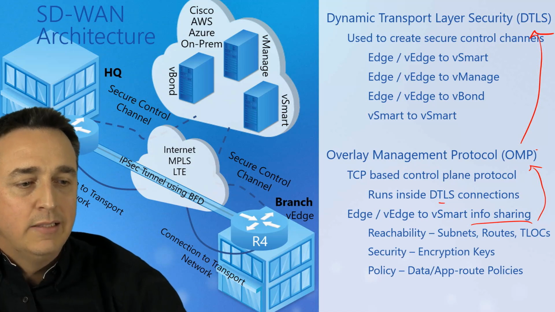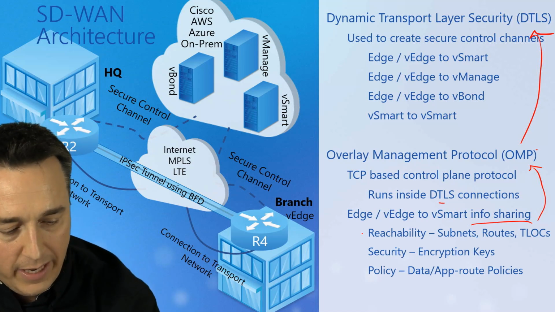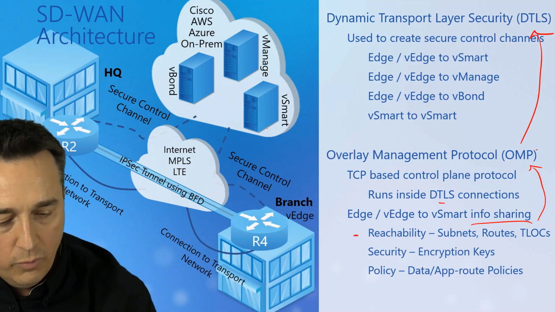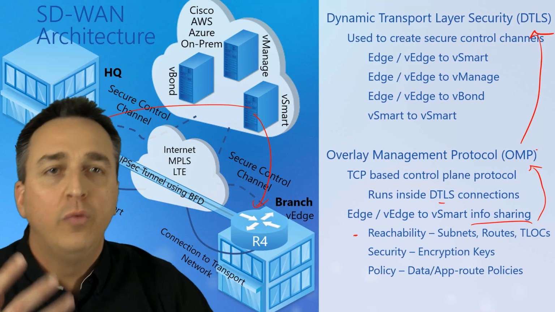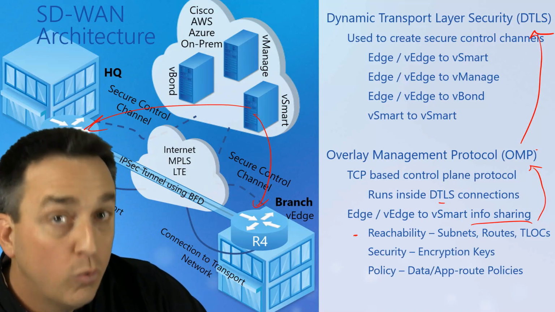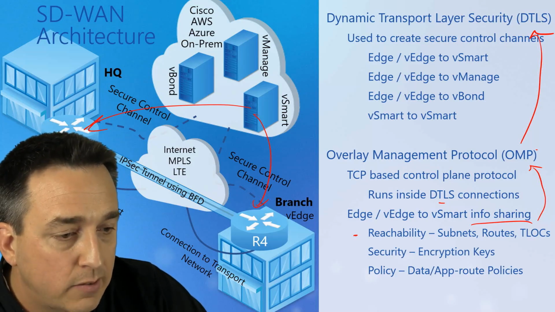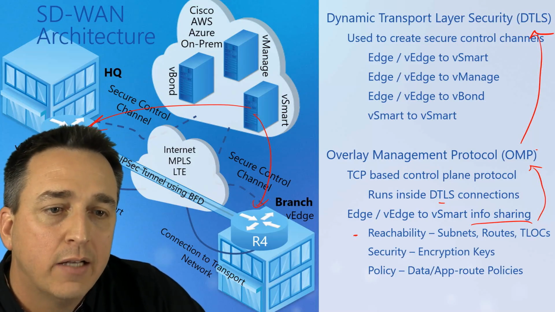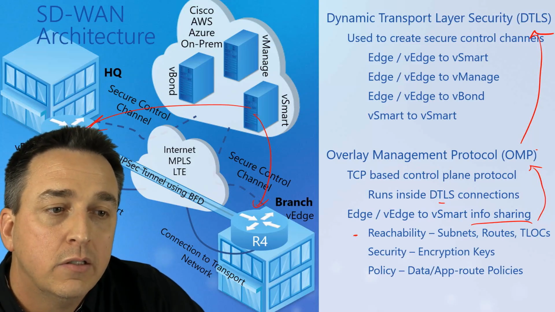Some of the things that we will share using OMP: reachability information. vSmart needs to tell our edge devices who they can reach, who they can form tunnels with, who they can route to and from. So subnets, routes, T-locks. T-locks are called transport locators.